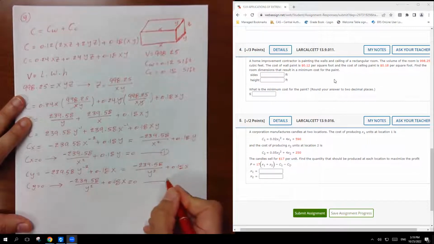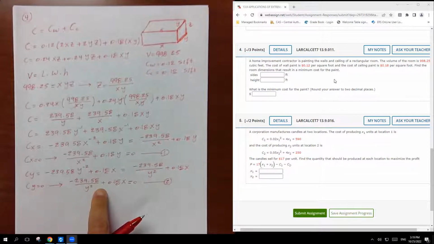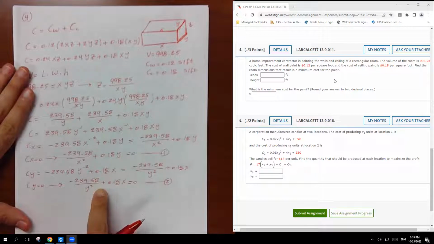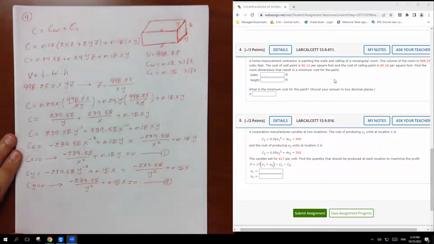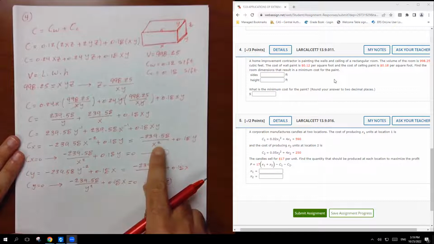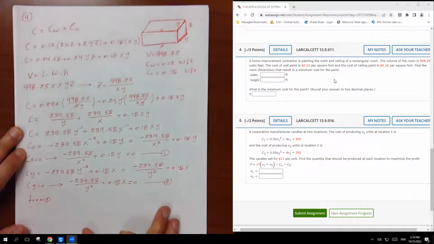I'm going to solve this one with respect to the y. In fact, you can solve any one for the variable x or y.